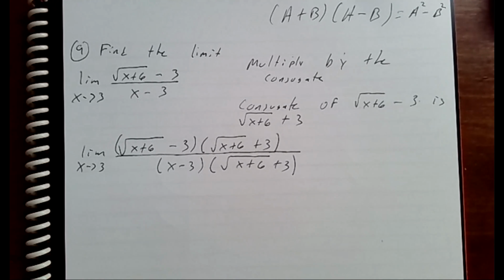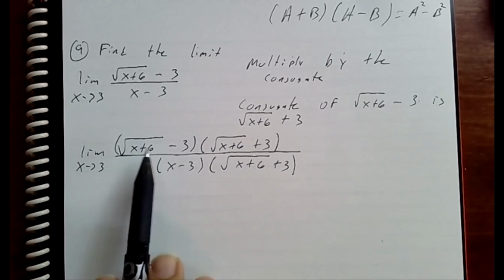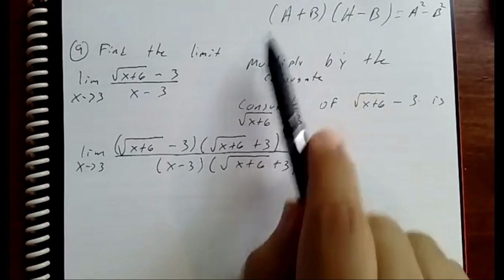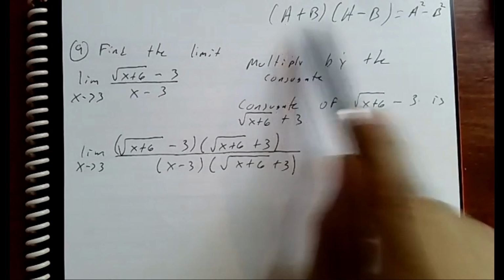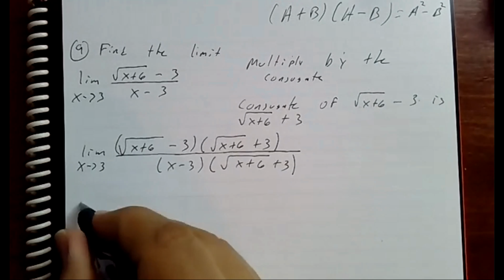All right, so what we're going to do is multiply these using the conjugate. You could FOIL all that out, but you should know that it's always going to be the a squared minus the b squared. So let's just go ahead.